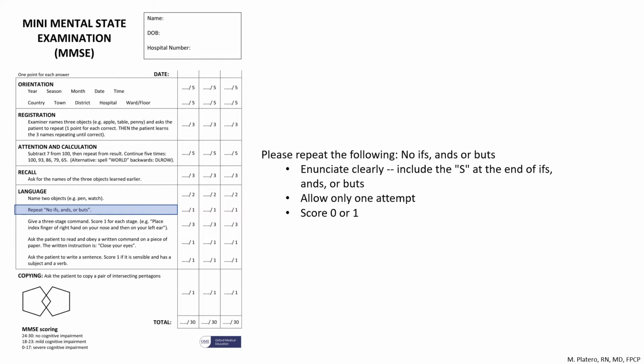As the examiner, enunciate clearly. Include the S at the end of ifs, ands, or buts. If you think the participant heard you but repeated it incorrectly, make a note of what was missed and score 0. Allow only 1 attempt. Give a score of 1 when the participant correctly repeated the phrase.